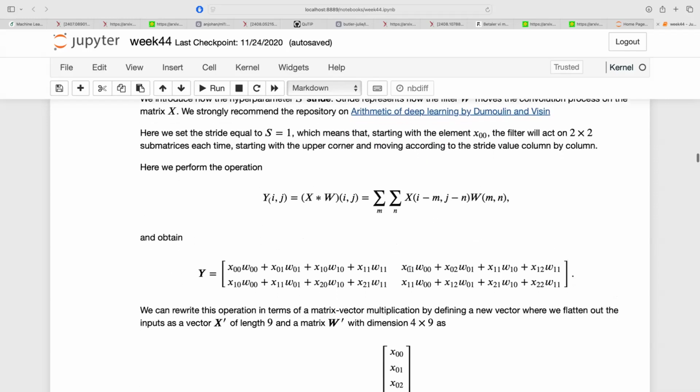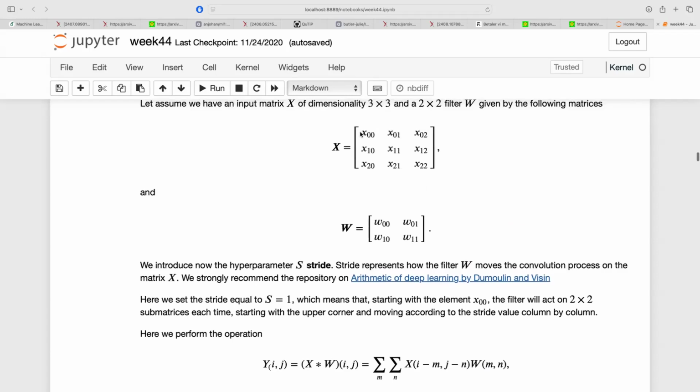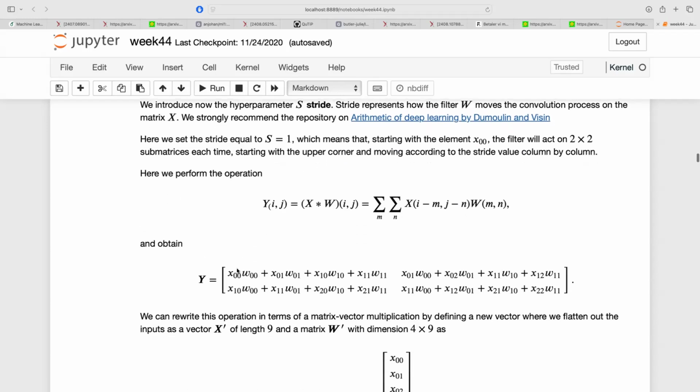And if you perform the multiplication, this is what you get. This is actually the application of convolution here. So the first element of this new matrix is given by multiplying the 2 by 2 matrix you see here with the filter. That just gives us a number, which is given by this first line here.